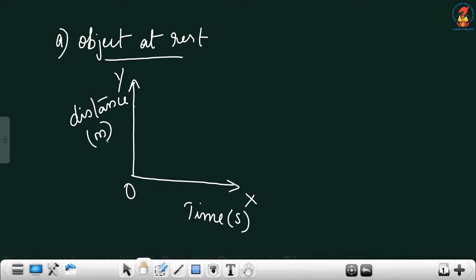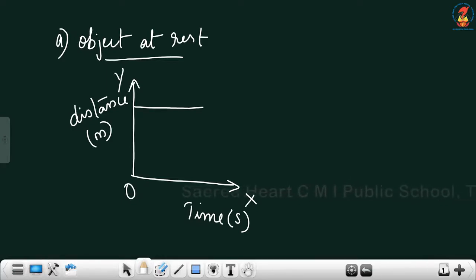When you draw the graph, you will get a line like this. So this line represents the graph. Now this line and this line are parallel. So when the object is at rest, you will get a graph that is parallel to the time axis.